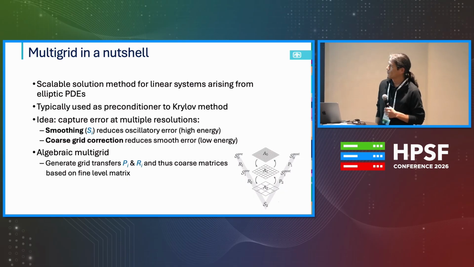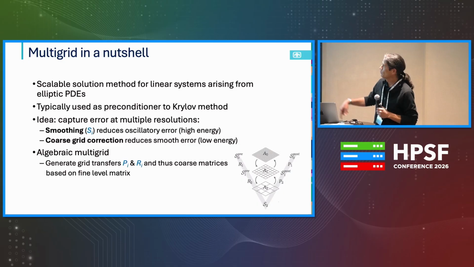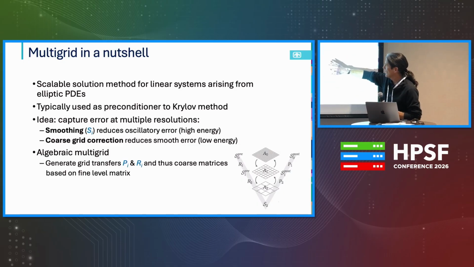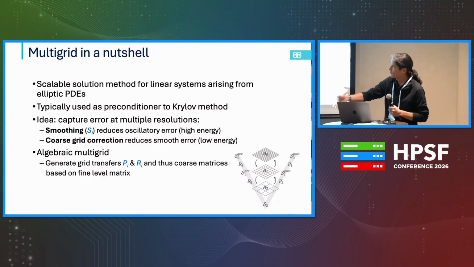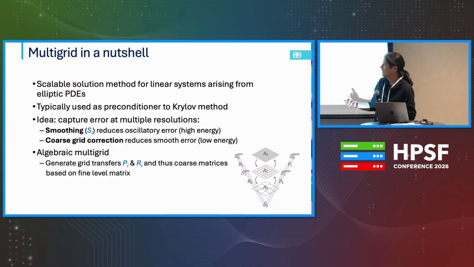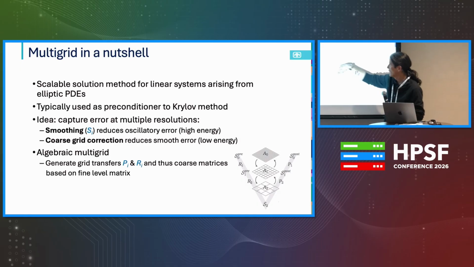And this is just a reminder, which is going to lead into the next slide, that multigrid is basically you've got a fine grid problem, and you're solving a residual equation on these coarse grid systems. As opposed to geometric multigrid, in algebraic multigrid it's the job of the AMG to develop the grid transfers, right?